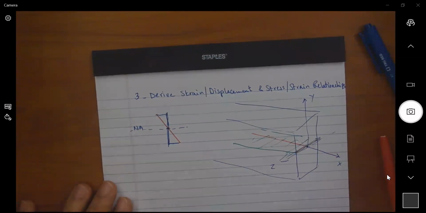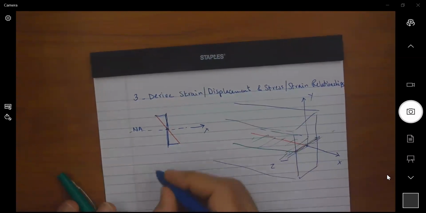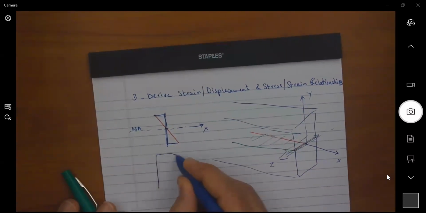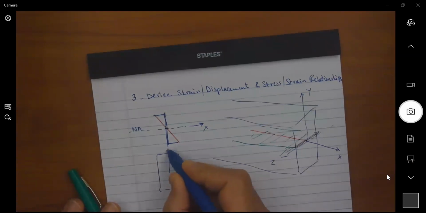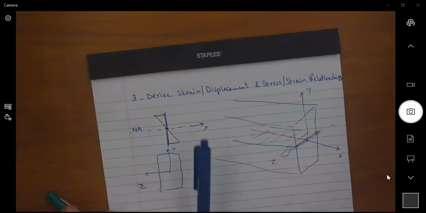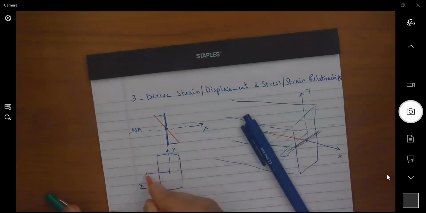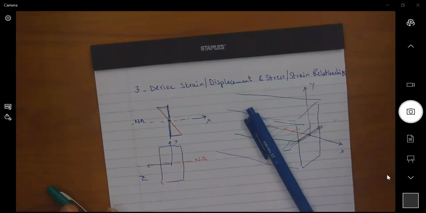So here I'm looking at the x direction. If I'm looking at a section like this, where this is y and this is z, I would also refer to this as the neutral axis. Make sense?